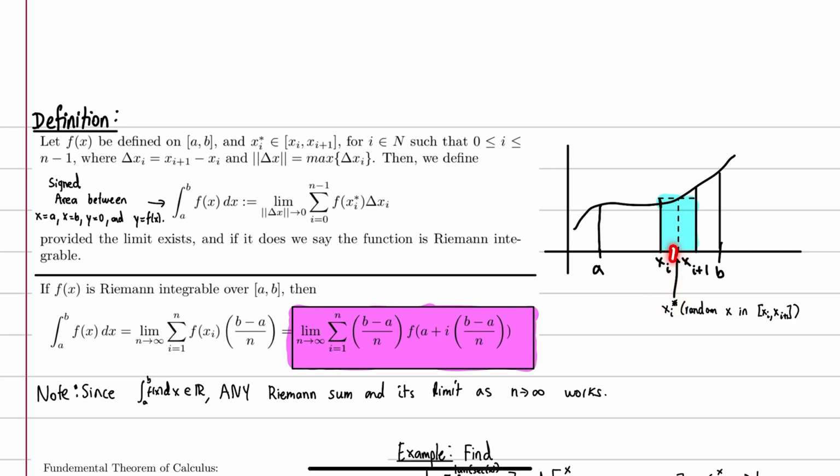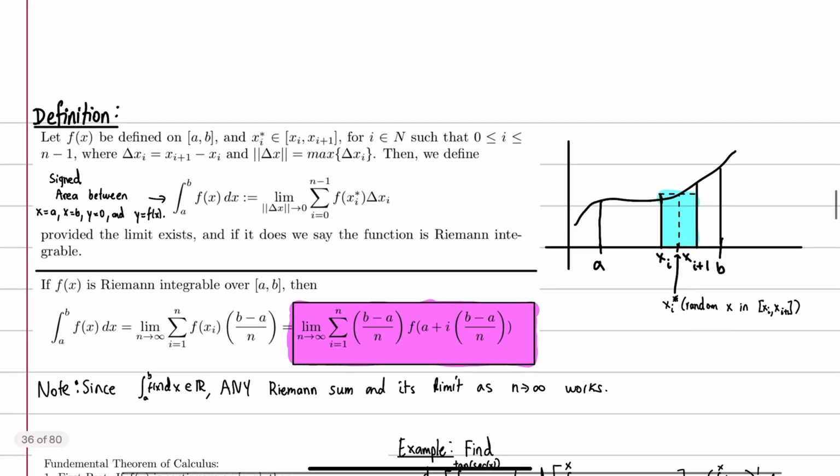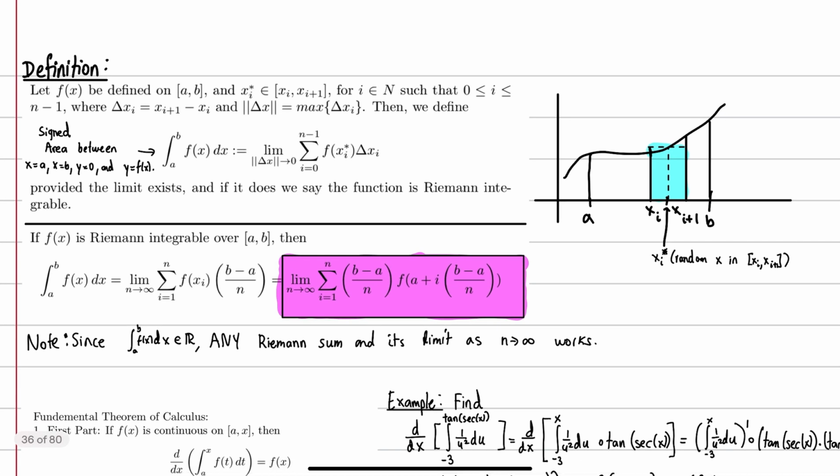Our tag is anywhere. We're taking the output here. We're considering this rectangle and we're adding them up along any subinterval as long as we consider the limit as the largest subinterval goes to 0. Any partition, as long as eventually all of the partitions go to 0.